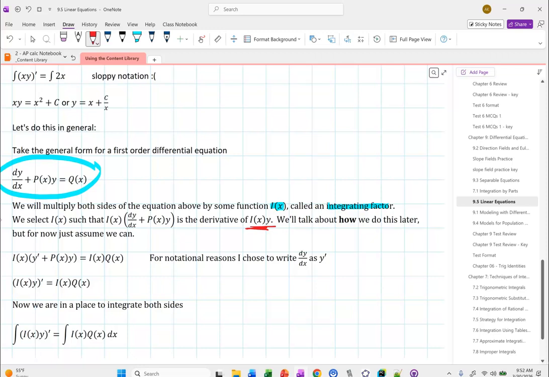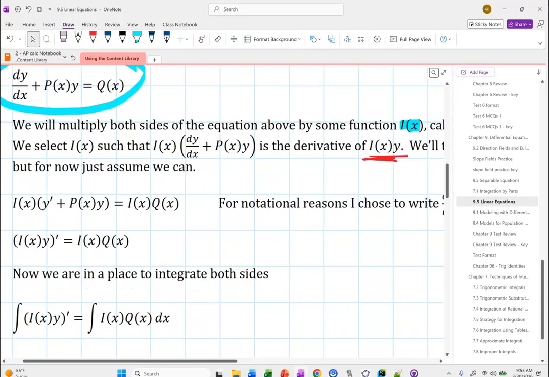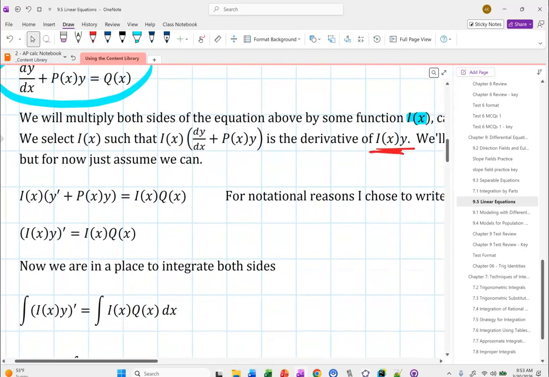Now, I haven't told you how we're going to choose that I of x, but it's possible to do that every single time when we're in this form: choose a function I of x so that when I multiply it by both sides, the left-hand side collapses down into a product rule derivative, and then I can cleanly integrate both sides and be along my merry way. So let's just show you what's happening. We start with our linear differential equation.